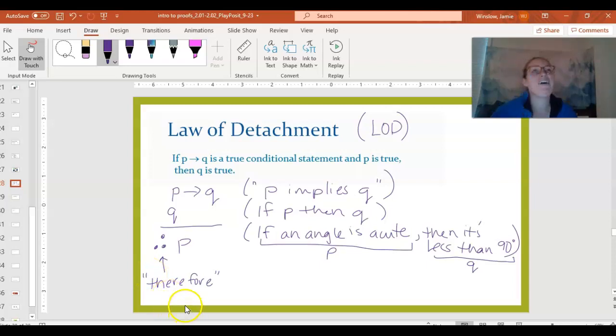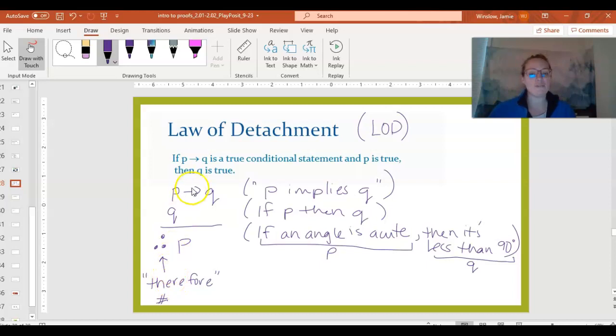I wish I was alive back in the day when mathematicians were sitting around the table deciding what to write for therefore, and somebody chose three little dots. I wonder if there's more meaning behind that. Someone could Google that and take a peek. I might do that later. You'll see three little dots at the end of a proof a lot. You'll also see a hashtag at the end of a proof. That means it's done, it's finished. We're going to use the three dots in our class mainly.